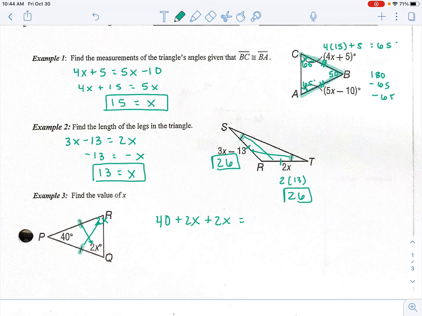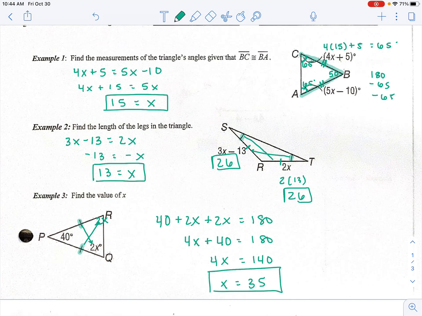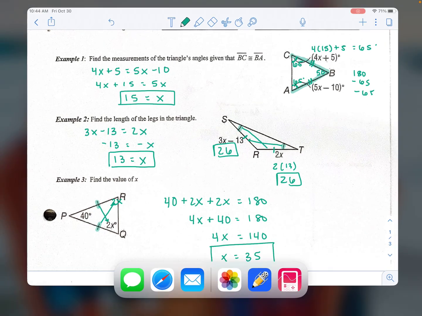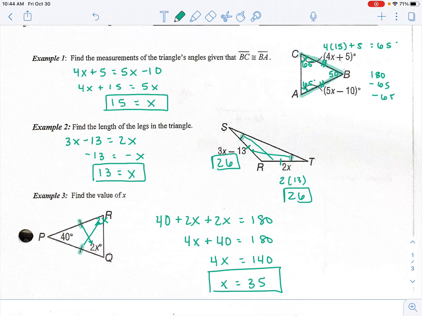So now I can say 40 plus 2x plus 2x equals what? That's a triangle. What do the angles in a triangle always add up to? They always add up to 180. So I have 4x plus 40 equals 180. I'm going to subtract 40 from both sides, so I get 4x equals 140. Divide both sides by 4, and I get x is 35.